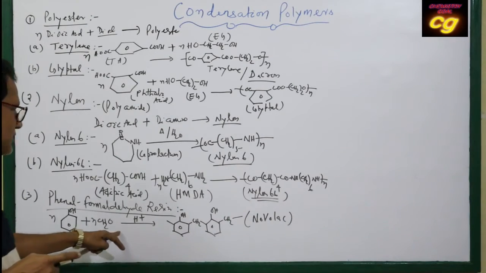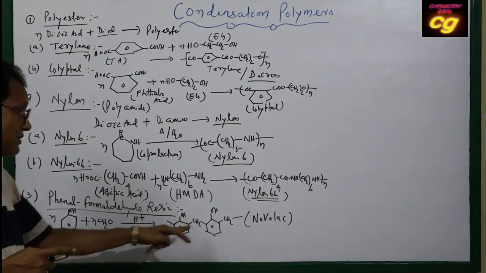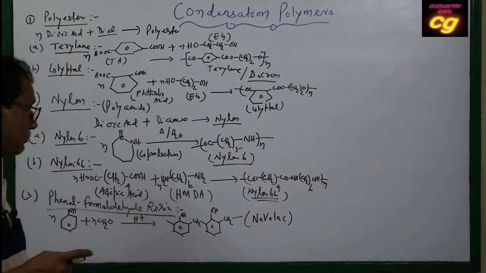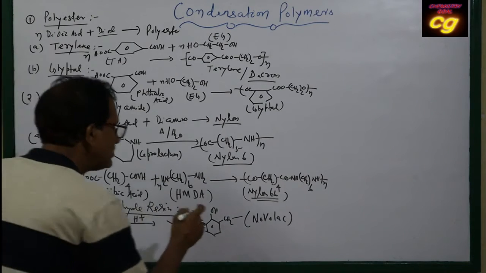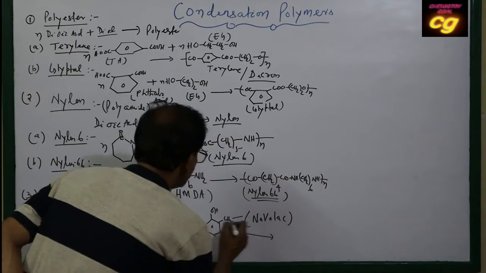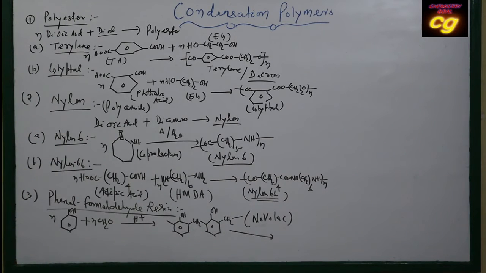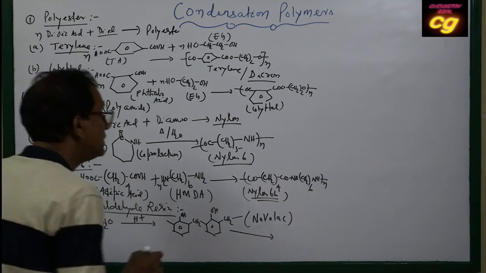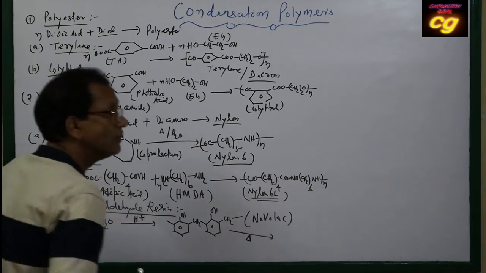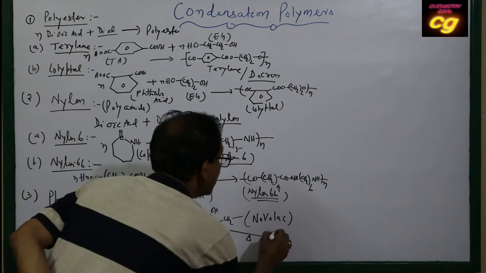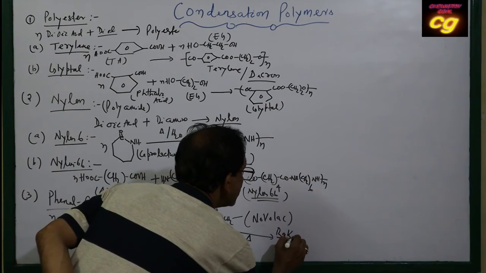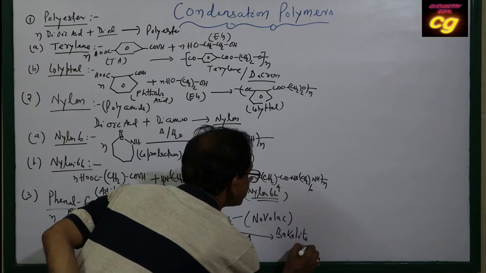But when this linear chain Novolac is heated, it becomes a three-dimensional branched network structure, that is called bakelite.